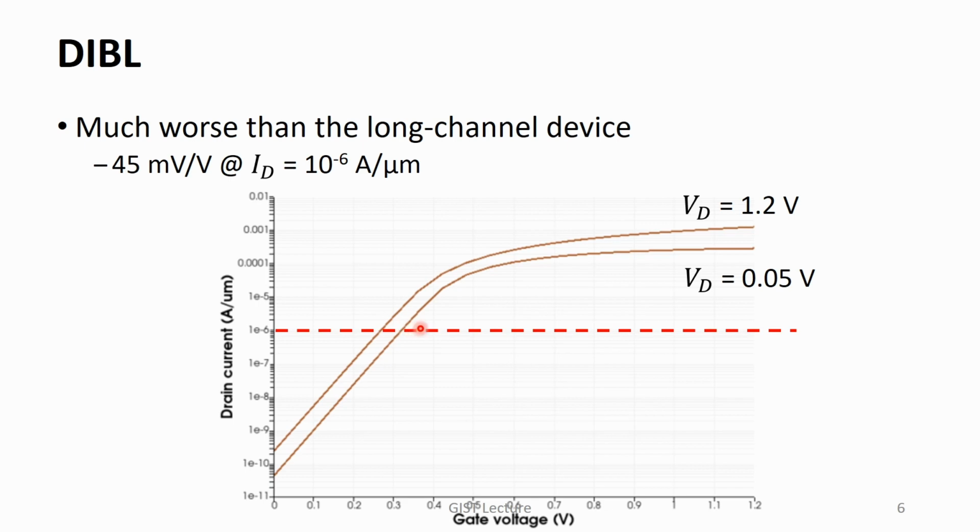Two intercepting points are measured, and from their difference, the DIBL can be calculated. In this example, its value is estimated as 45 mV per volt. It is noted that this value is somewhat better than the actually fabricated device reported in the IEDM 2003.